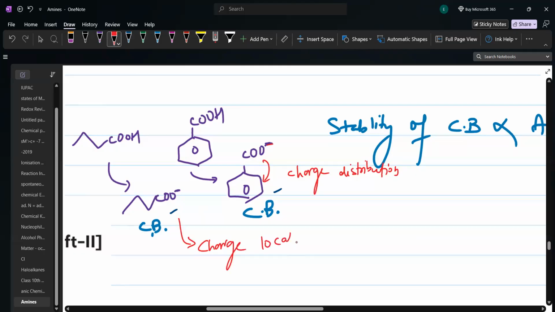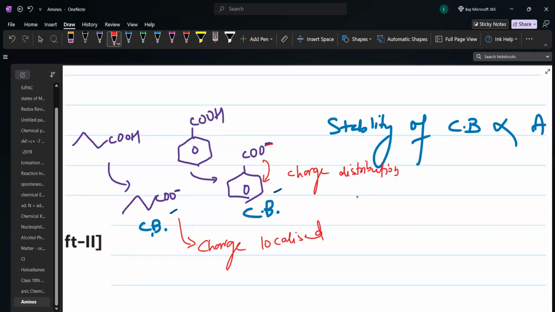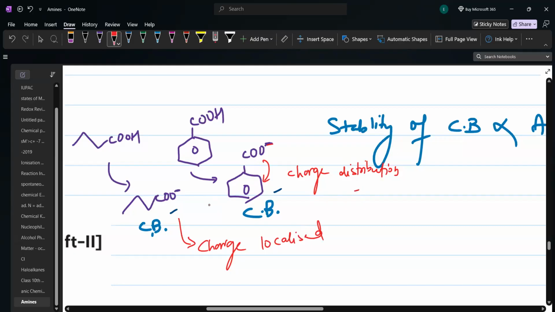When charge is distributed, it brings stability, because charge is delocalized. So this conjugate base is more stable than that conjugate base.